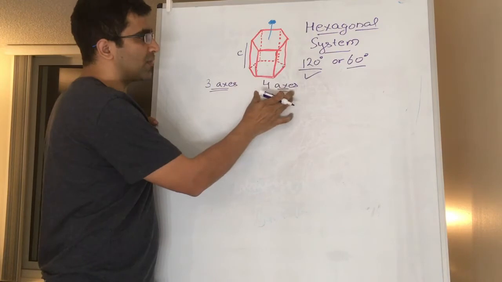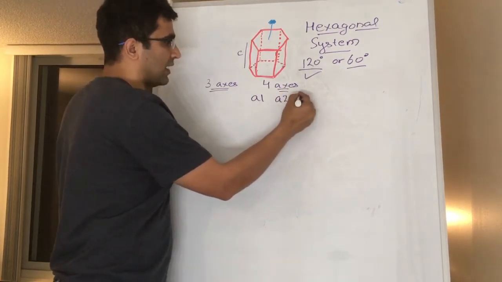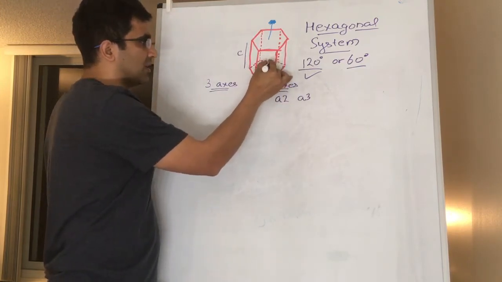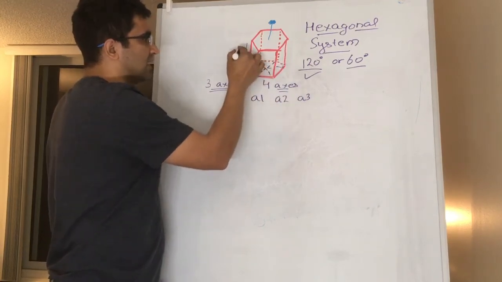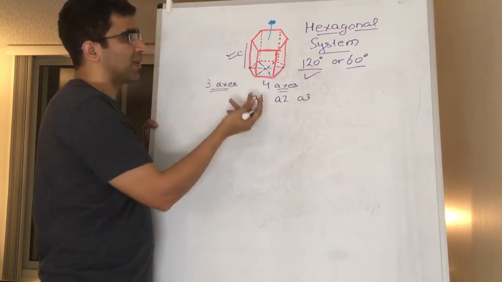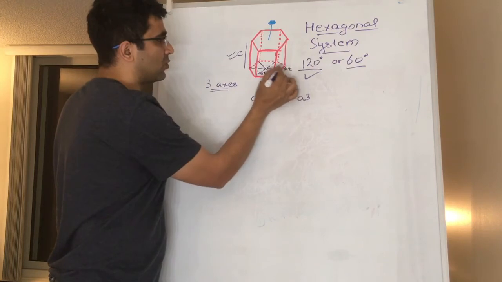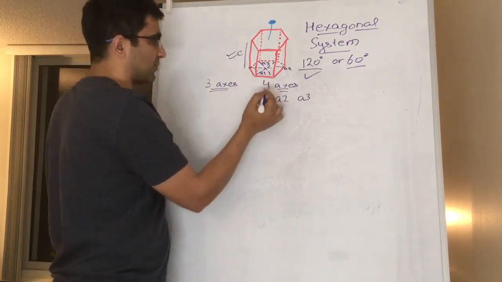3 of the axes, which are called A1, A2 and A3, are on the base. So this base that you see here, these 3 axes are along this base. The 4th axis is the C axis, which is perpendicular to the basal plane.